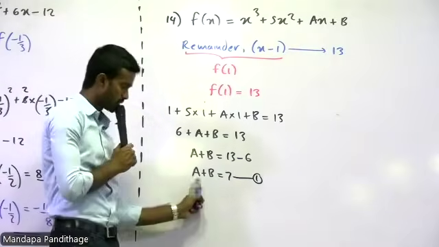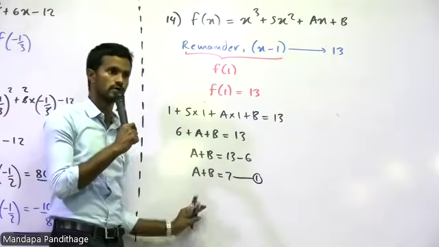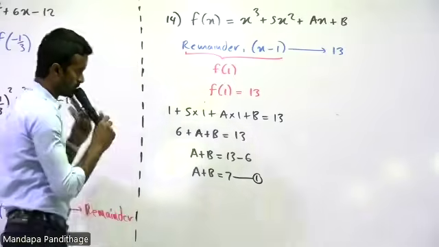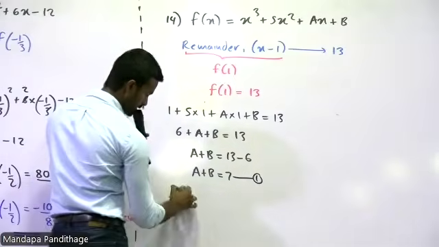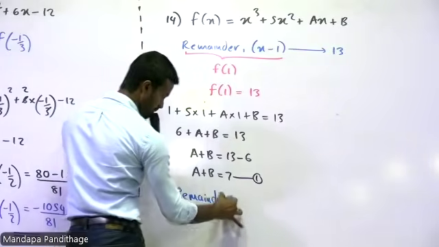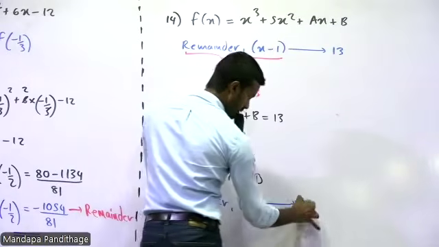Now I know when I want to find a and b, I need two equations. From one equation, you can't find a and b. So I need another equation. So what is the other data? When divided by x plus 1, they have given that the remainder is 17.